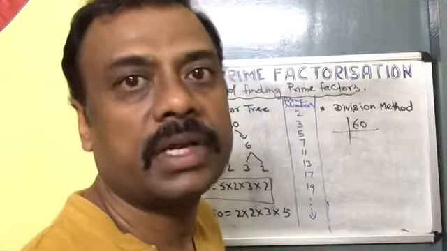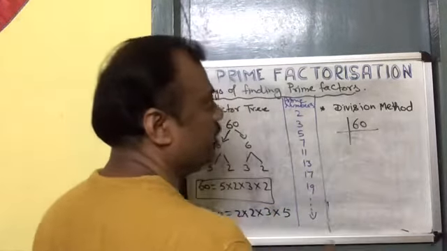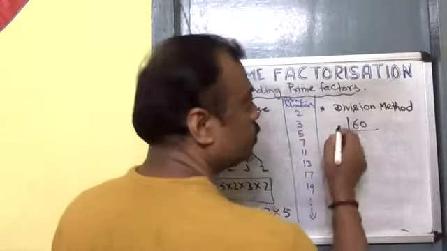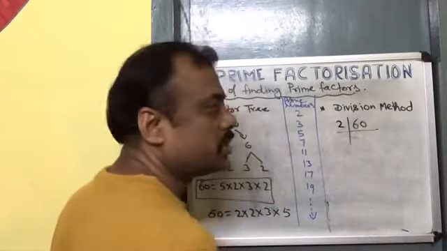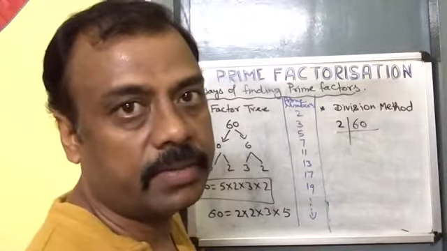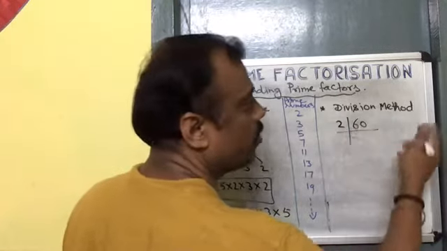The least prime number is 2. By the divisibility criteria, this number is divisible by 2 because numbers having 0 at the units place are divisible by 2. Now I will divide 60 by 2 how many times?